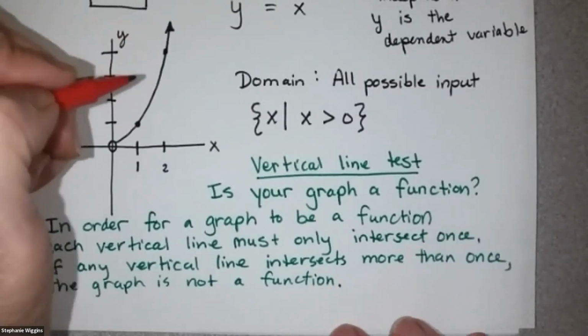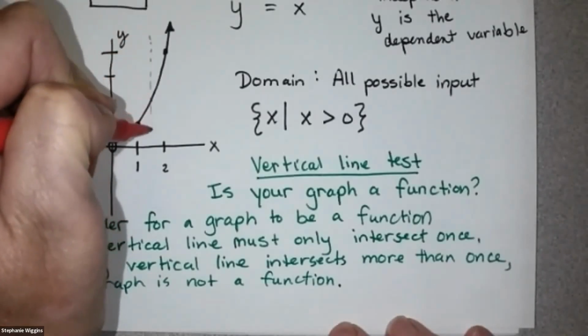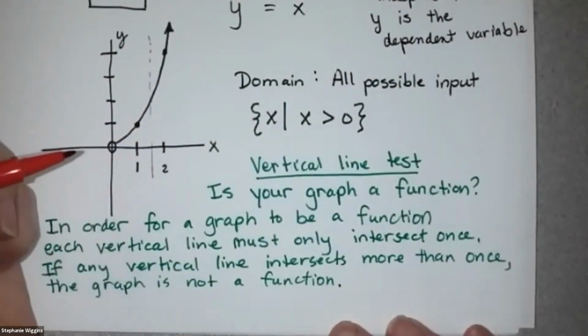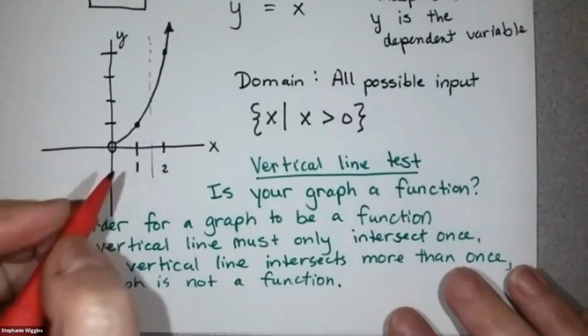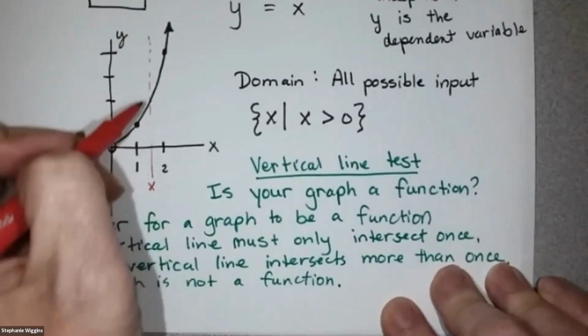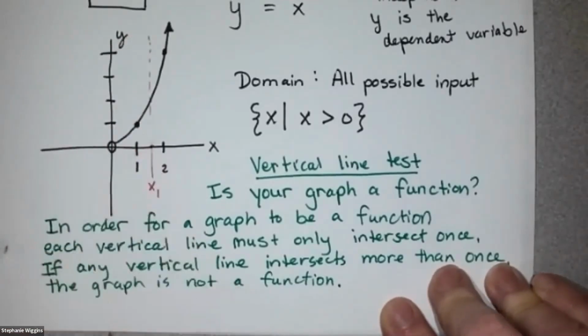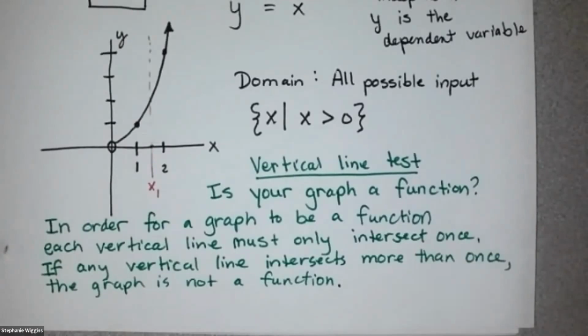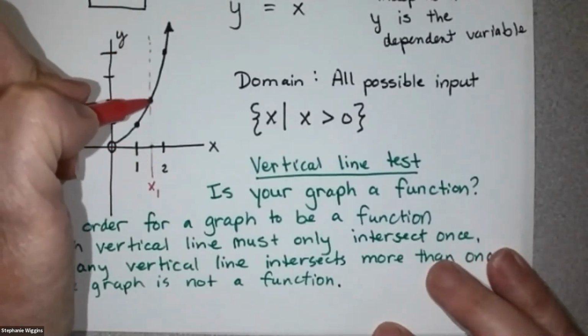So basically what's happening here is, when you draw a vertical line in the rectangular coordinate system, you're picking an x, because that vertical line is going to cross the x axis. And so right there, I'm picking an x. But that x value corresponds to a point here.